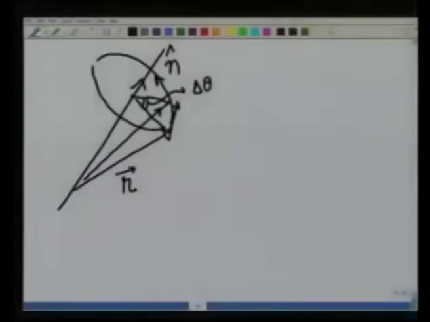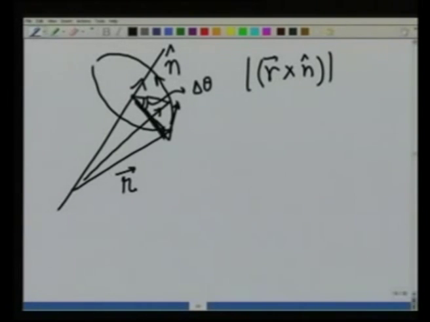How much is this change? For very small angles, this change can be written as, this length is going to be the magnitude of r cross n, because this length is nothing but the sine of this angle, which is nothing but r cross n magnitude. This direction is perpendicular to this, and you can see that this is actually the n cross r direction.